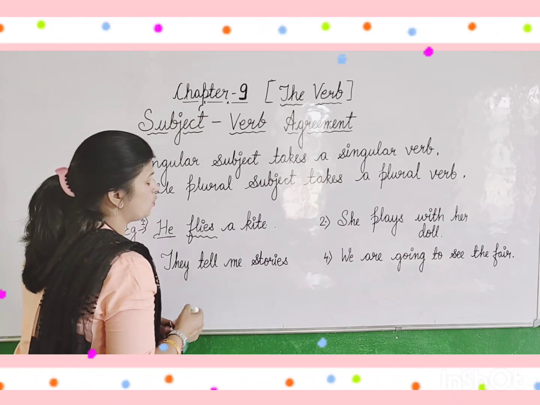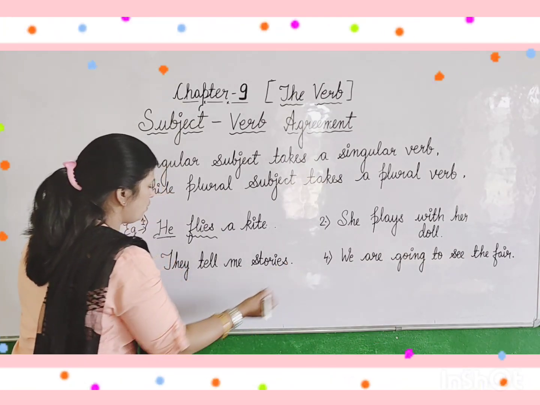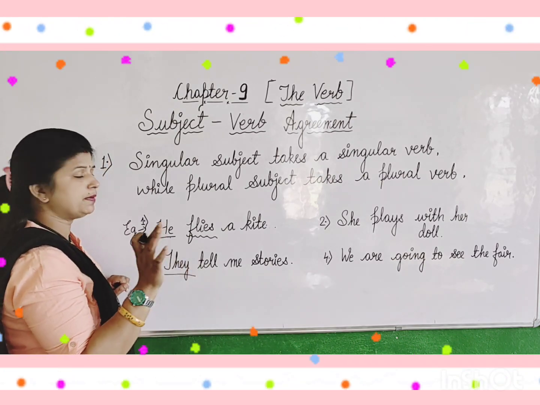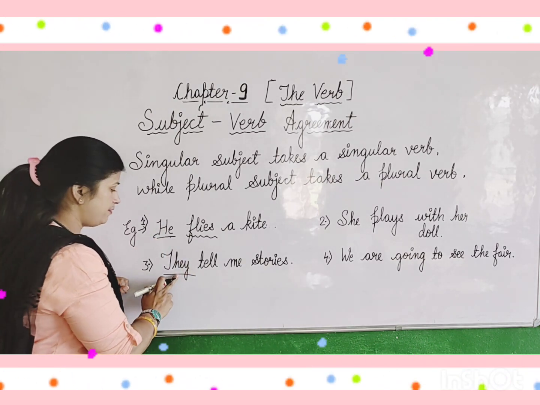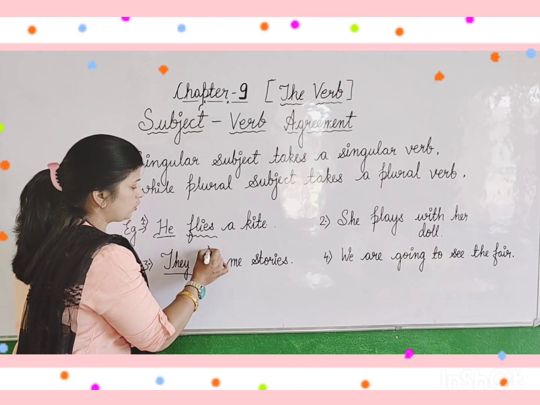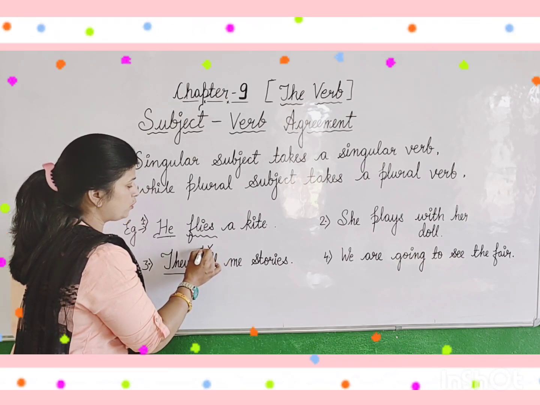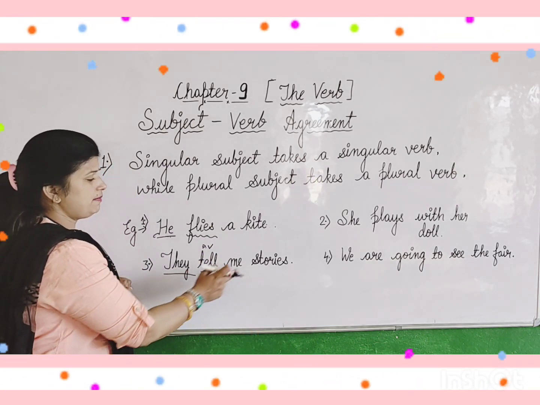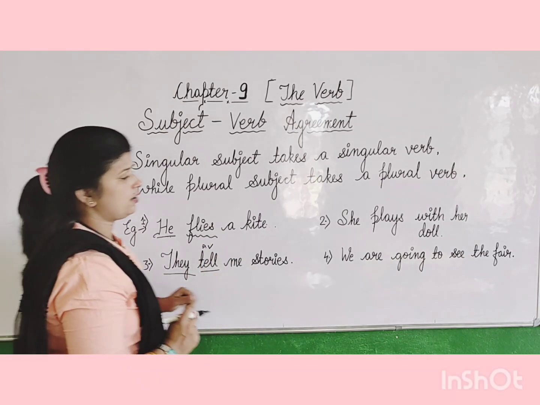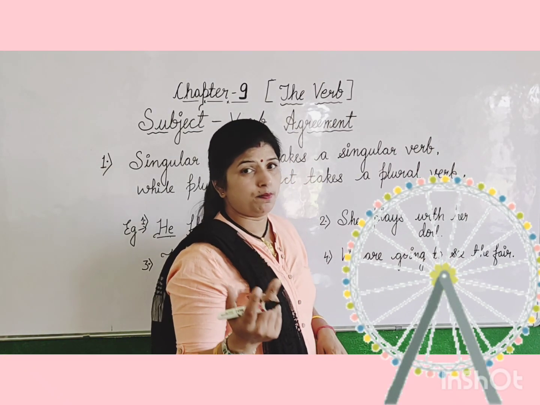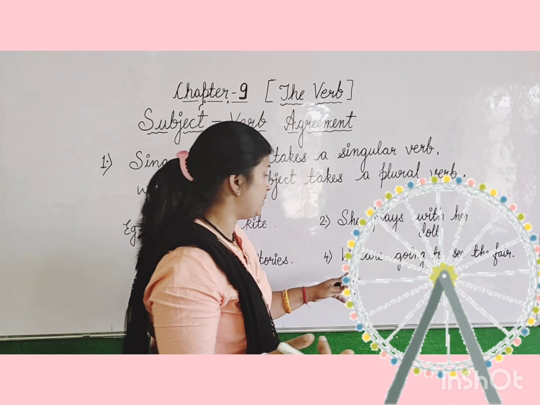Now see the third one. They tell me stories. So here they is a plural subject. Many persons are there, so we have used they. And this tell is the verb, so we can see that a plural verb is used. Tell is a plural verb. Now in this, again, you can see we. We are two persons or more than two persons.